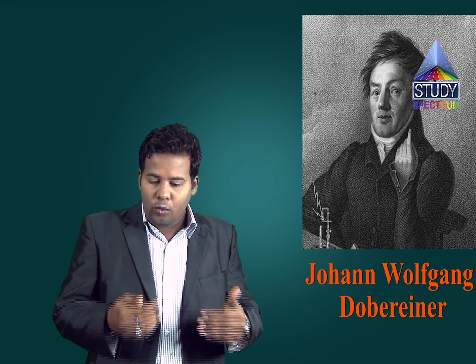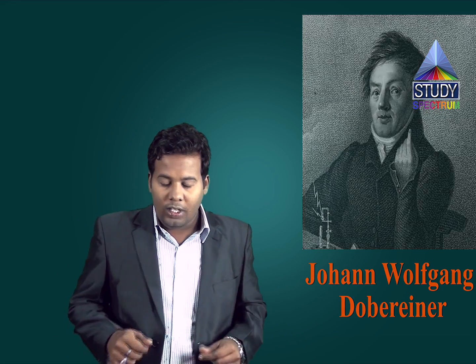Before I move into the merits and demerits and the features of their laws, let me tell you one thing. Before the modern periodic table which we see now in our textbooks, there were three famous scientists who tried to classify elements, but all of them failed.